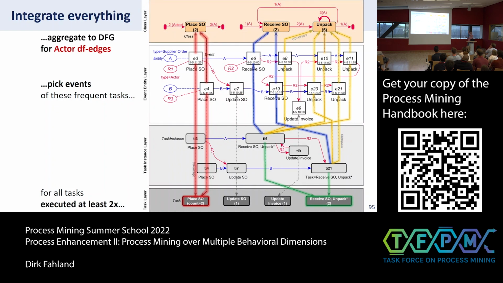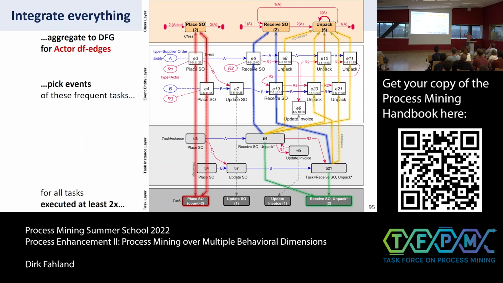So I now do the aggregation we've seen before for the process discovery, right? Now I get directly follows graphs for the actor behavior. I see place supply order is executed twice, and then I have this loop, this task execution of receiving the supplier order, then unpacking multiple times, then this iteration of the loop, which is this one that you see here, going there.